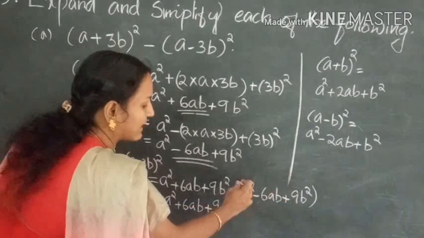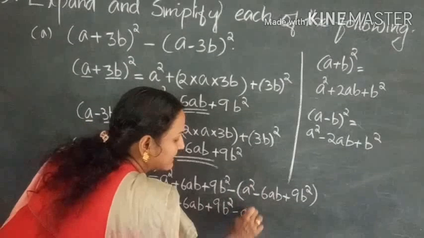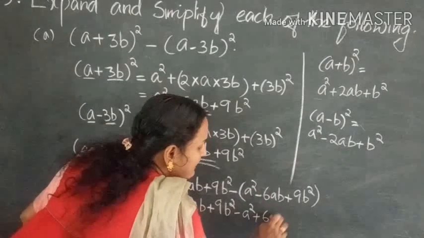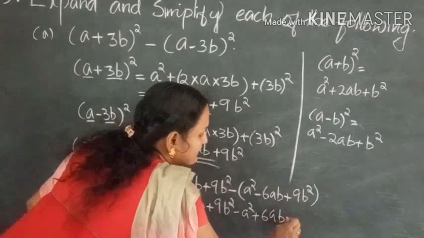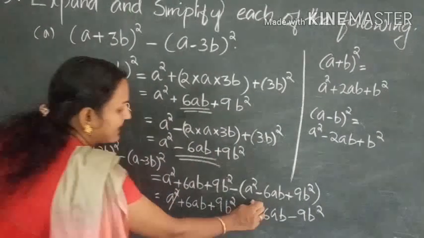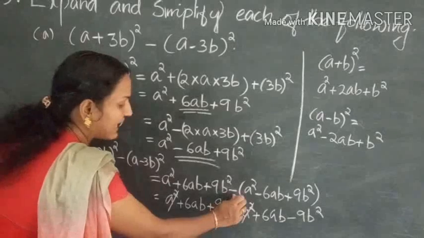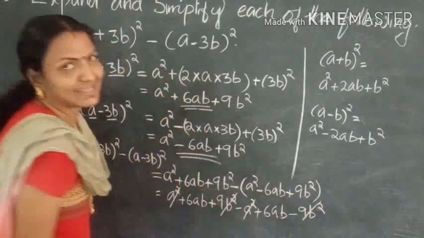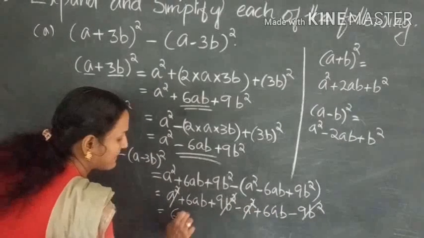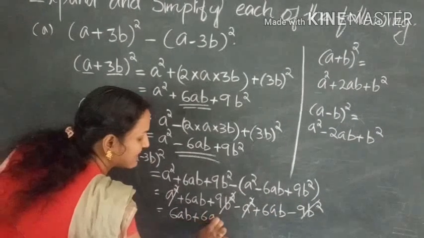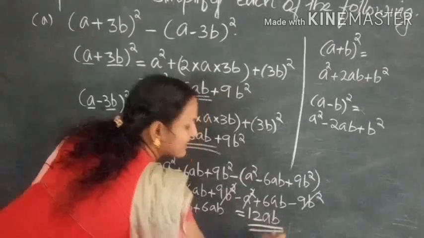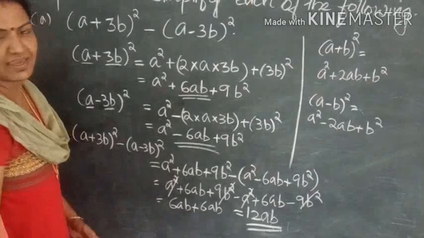Multiplying by minus, change the signs: minus a square, minus into minus plus 6ab, minus into plus minus 9b square. a square minus a square cancel. 9b square minus 9b square cancel. 6ab plus 6ab is equal to 12ab. The answer is 12ab.